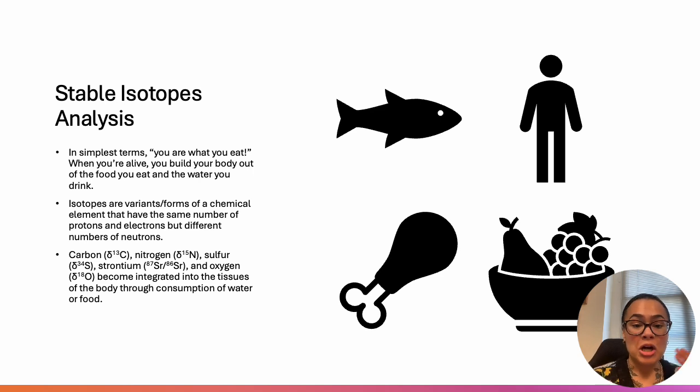So we might measure carbon-13, nitrogen-15, sulfur-34, strontium-87 and 86, and oxygen-18. We won't get into all the meaning behind these, but essentially this is the number of neutrons that each of these elements have, and they tell us different things about what a person was ingesting.